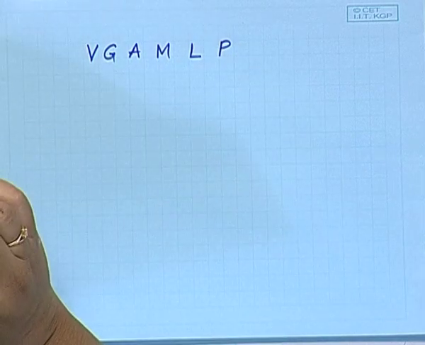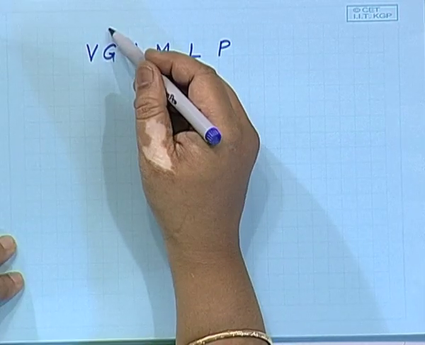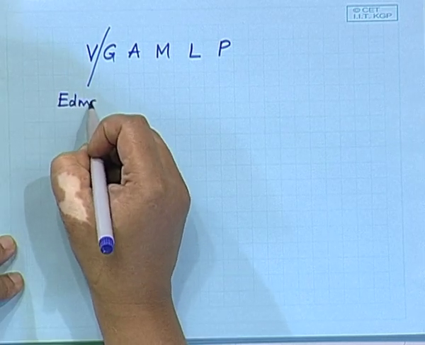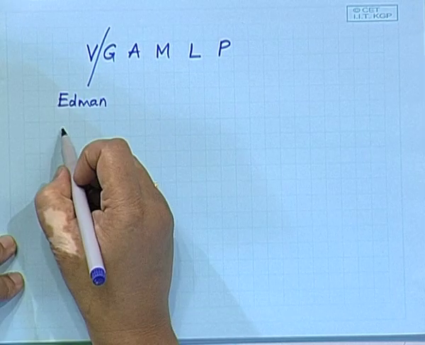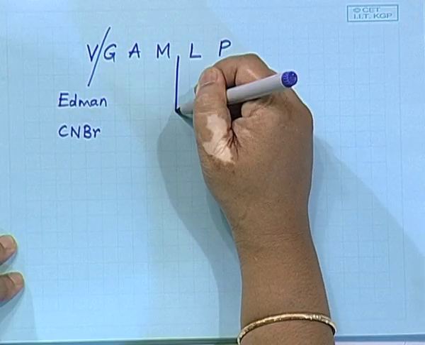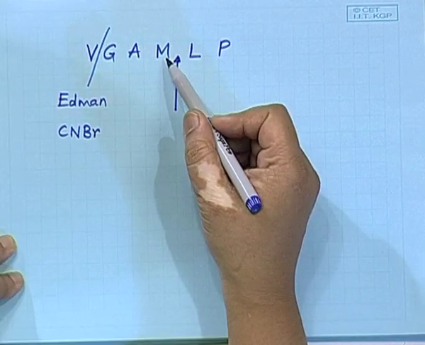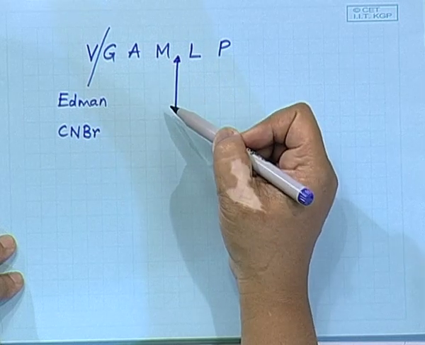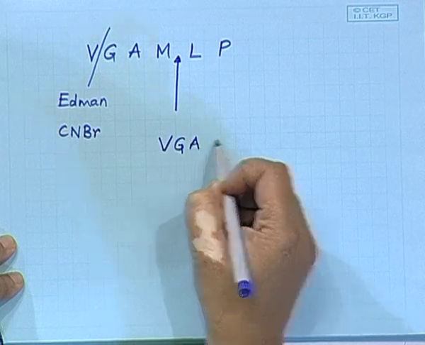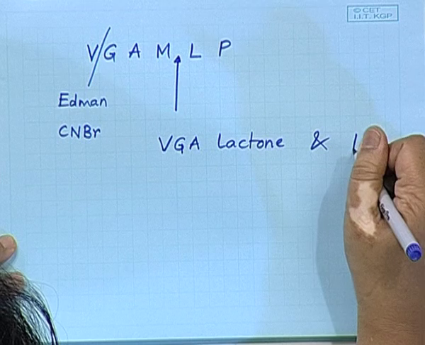If I use Edman degradation, what will I get from Edman degradation here? The first amino acid I will get is V, if I do Edman's method. If I treat this with cyanogen bromide, I am going to have cyanogen bromide act here, and what I am going to get is, since the methionine is going to interact with the cyanogen bromide, I am going to be left with a VGA lactone and LP.